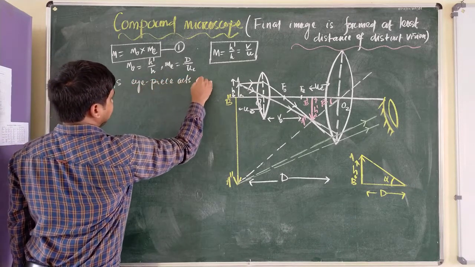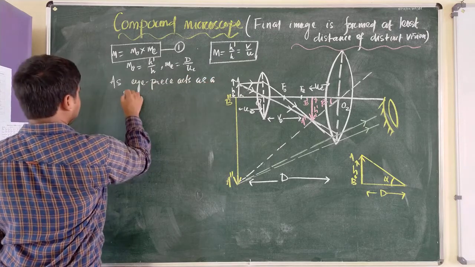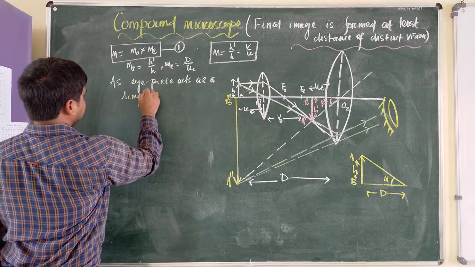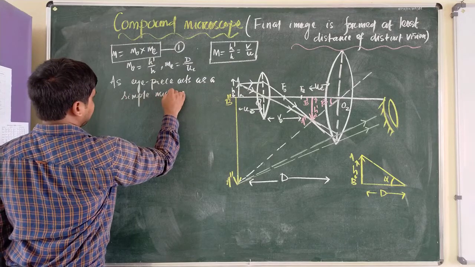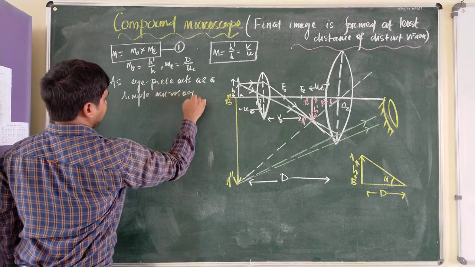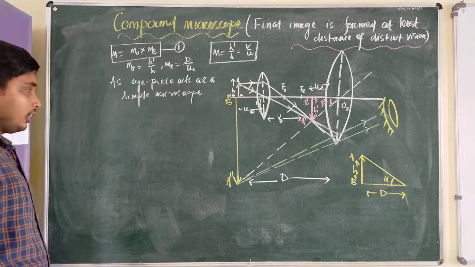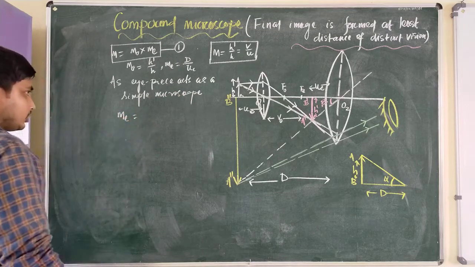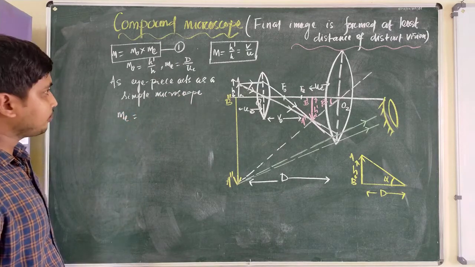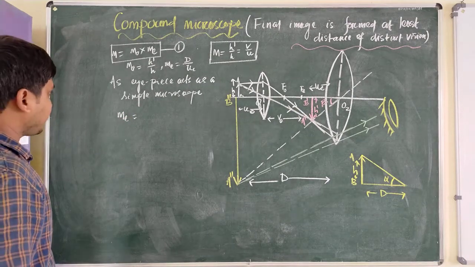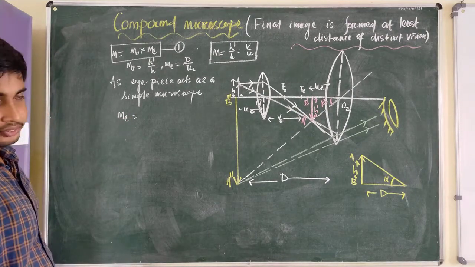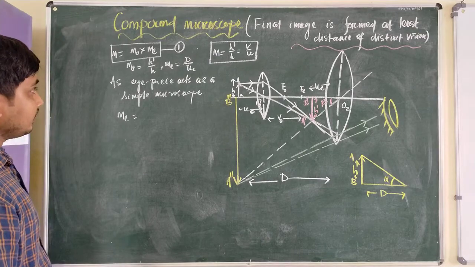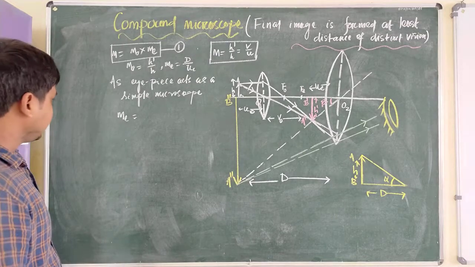Eyepiece acts as a simple microscope. Hence, our magnification of the eyepiece will be equal to how much? We know that the magnification of a simple microscope, the formula is 1 plus D by fe, where the final image is formed at the least distance of distinct vision.